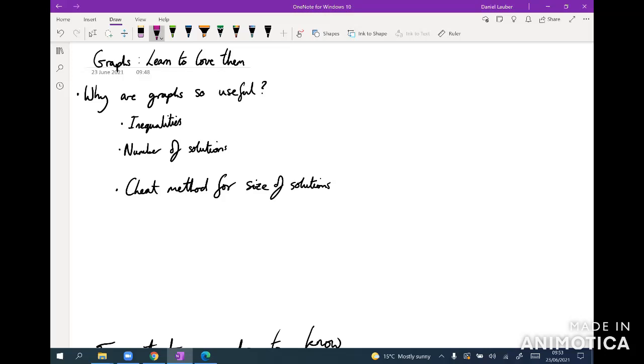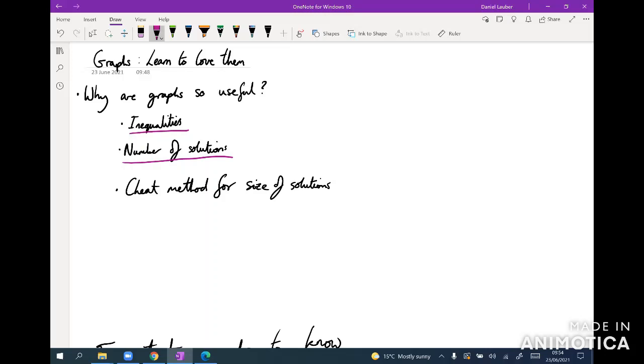So just quickly to provide a bit more motivation, why are graphs so useful? Well, inequalities, graphs are extremely important for. We'll see examples for that. Effectively, they can make inequalities questions incredibly easy that would be almost impossible otherwise. Similarly, for number of solutions questions, graphs just make very, very quick work of them.